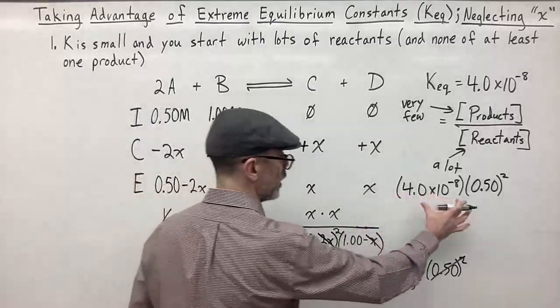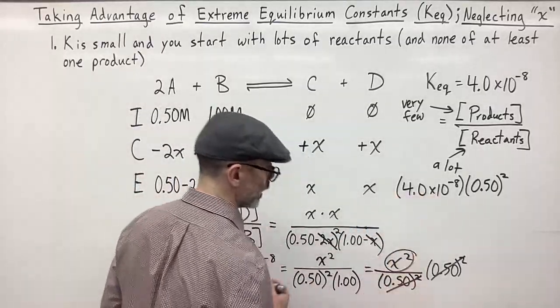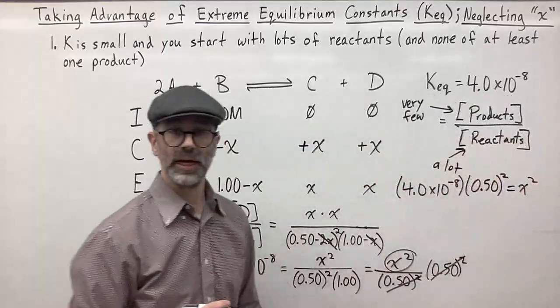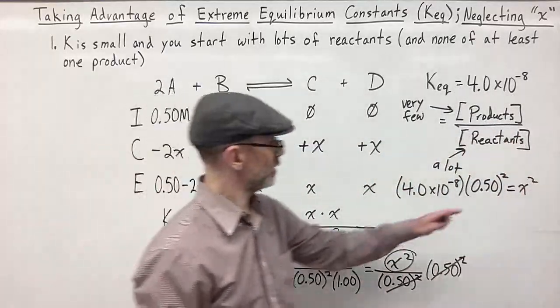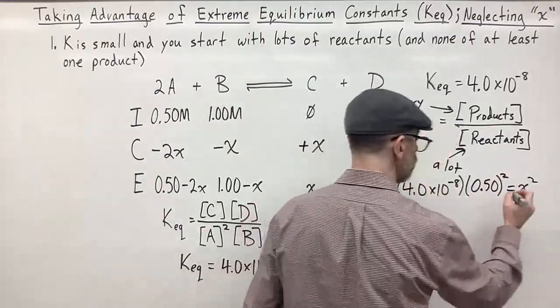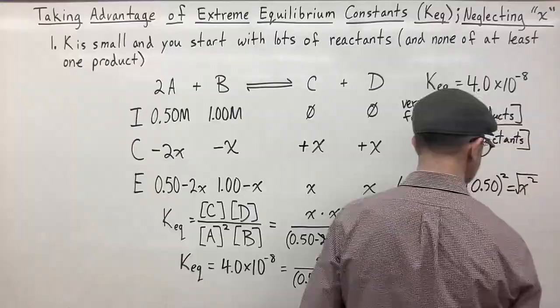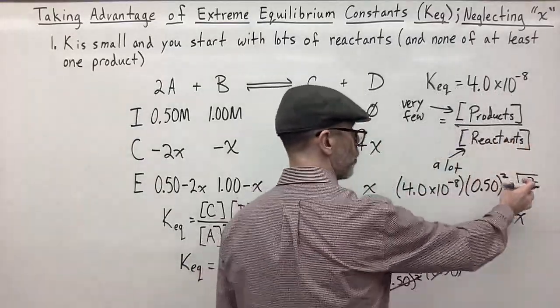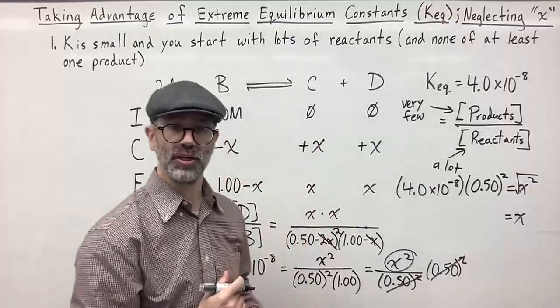So now this is going to be equal to x squared, like so. And now I can solve for x, take the square root of both sides, because the square and the square root cancel each other out.